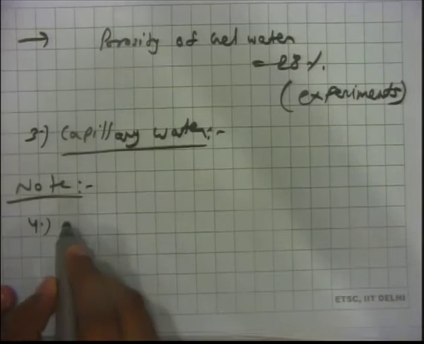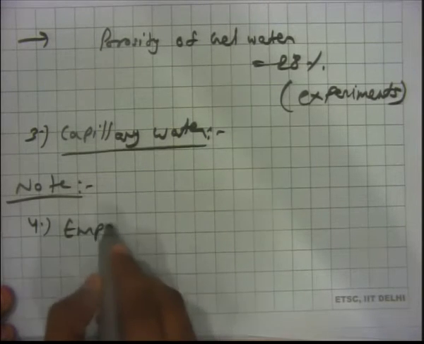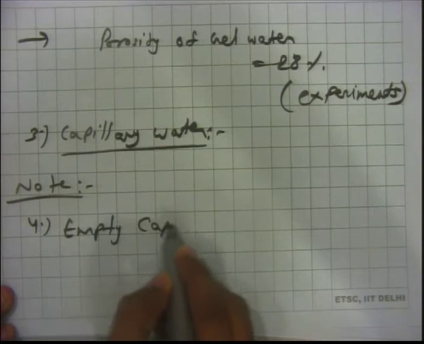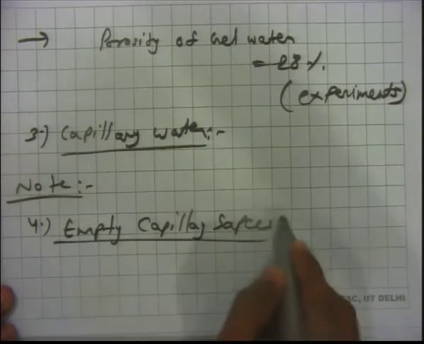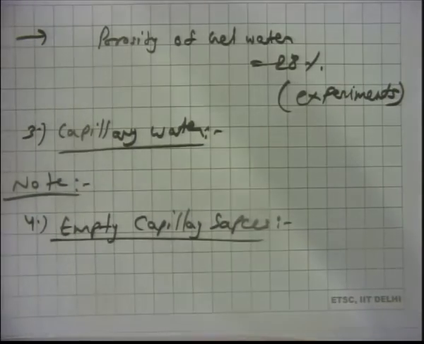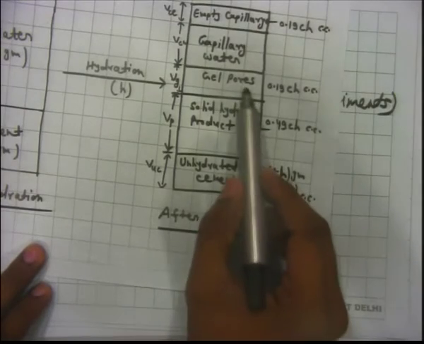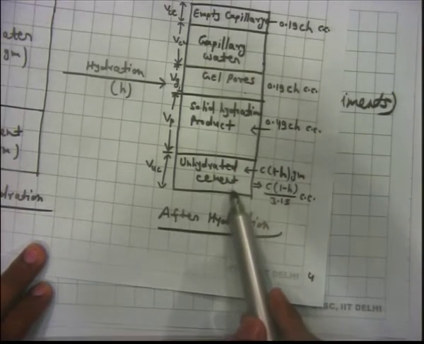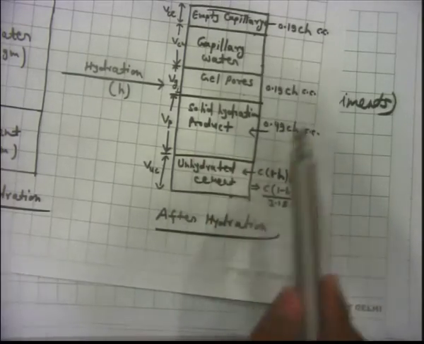The fourth phase, as we have seen in the schematic diagram, is empty capillary spaces. I can show you this in the diagram. The first was the solid hydrated products, gel pores, capillary water. This is unhydrated cement, and the remaining part is empty capillary.